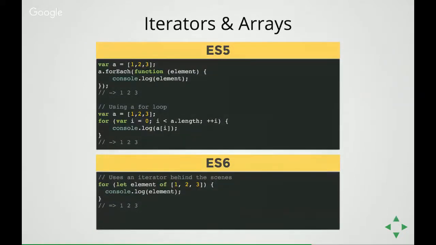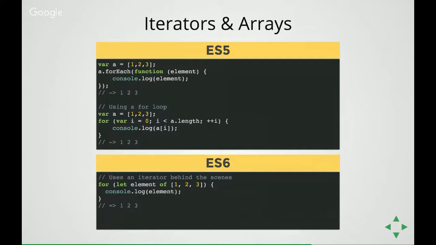So in ES5, if we had an array, we could forEach that array to get the value and not just the index, versus a for loop, where we actually have to use the index and index the original thing we're trying to loop through to get the value each time. Sometimes you don't care about the index. You have a collection, you just want the values. Why deal with the index, right? So in ES6 land, I can actually use for of and loop through those array elements by value directly.